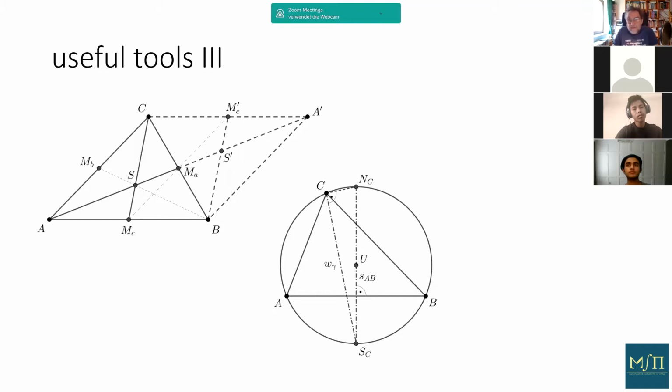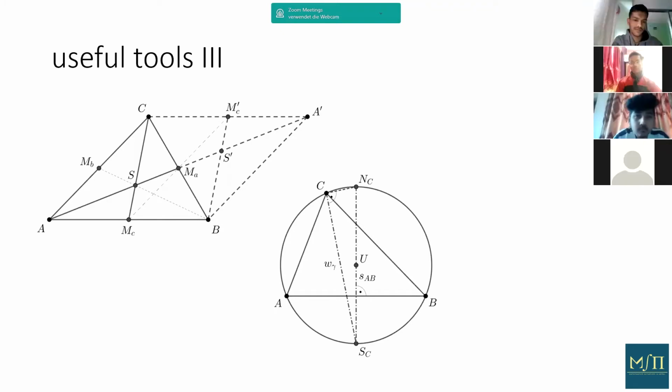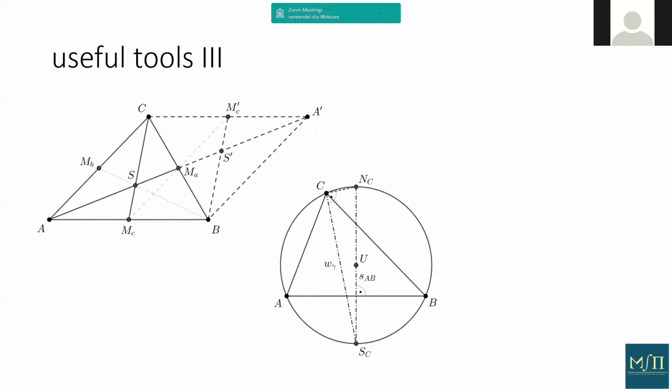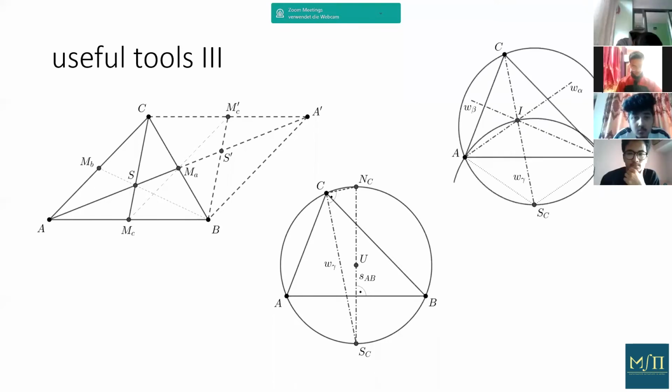And associated with the South Pole, we also have a North Pole, the point that's known here as NC, which is also up there, which of course is the common point of the bisector of AB with the external angle bisector of ABC. So that will also prove to be useful when we're doing constructions with X centers and things like that. And finally, there's a little special case that we have here.